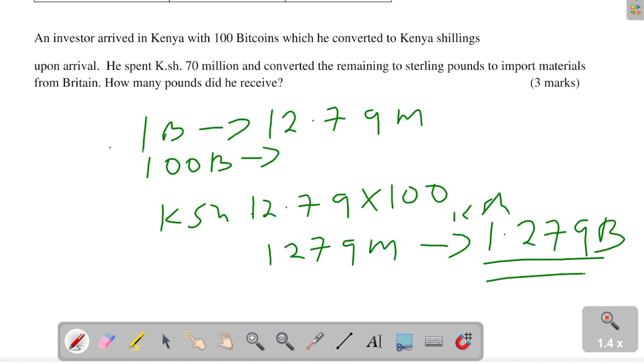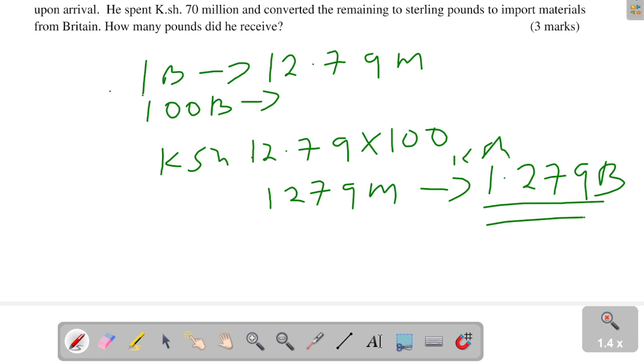Look at it. While in Kenya, he spent 70 million and converted the remaining to sterling pounds. So, basically here now, if someone has 1.279 billion, then you less 70 million. How much does he remain with if he spends 70 million?